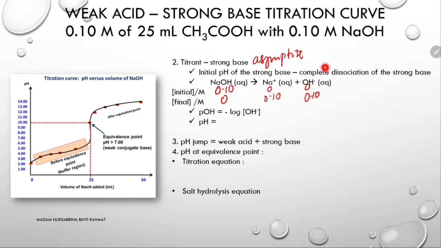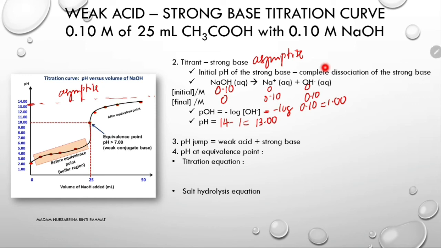This one is the base, so we have to calculate pOH first, which is negative log of OH minus 0.10. So we get 1.00. pH is 14 minus pOH, so the pH is 13.00. At 13.00, this is the asymptote level. That means that is the maximum point of your NaOH, so your titration curve will never cross this pH of 13.